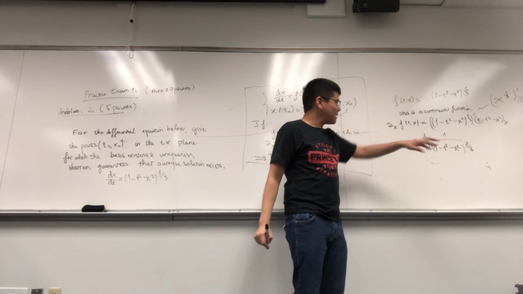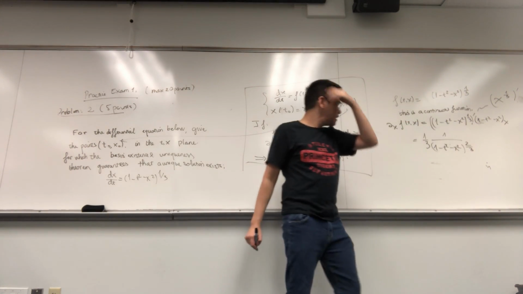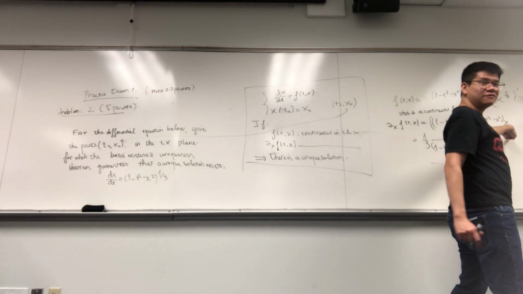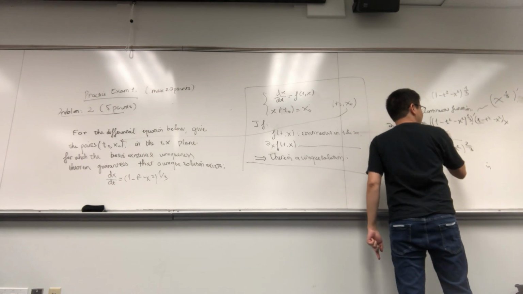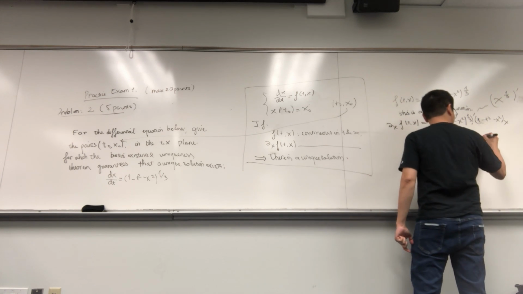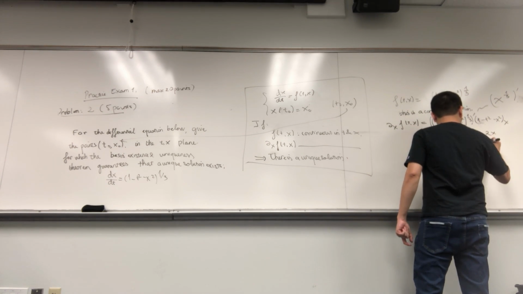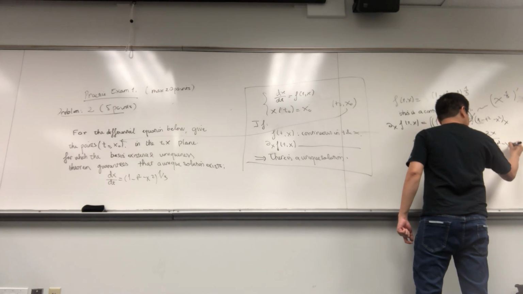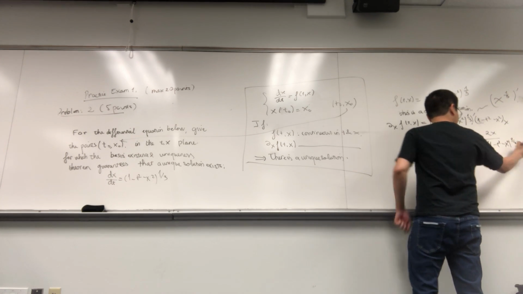The derivative of the inside in x is minus 2x. So finally you have minus 2x over 3 times (1 minus t squared minus x squared)^(2/3).